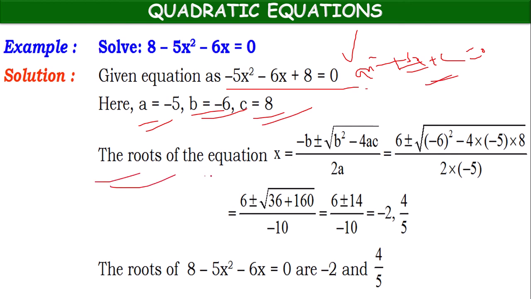Now, for finding the roots of the equation, we can make use of the quadratic formula: minus b plus or minus root of b square minus 4ac by 2a. Let's substitute the values.